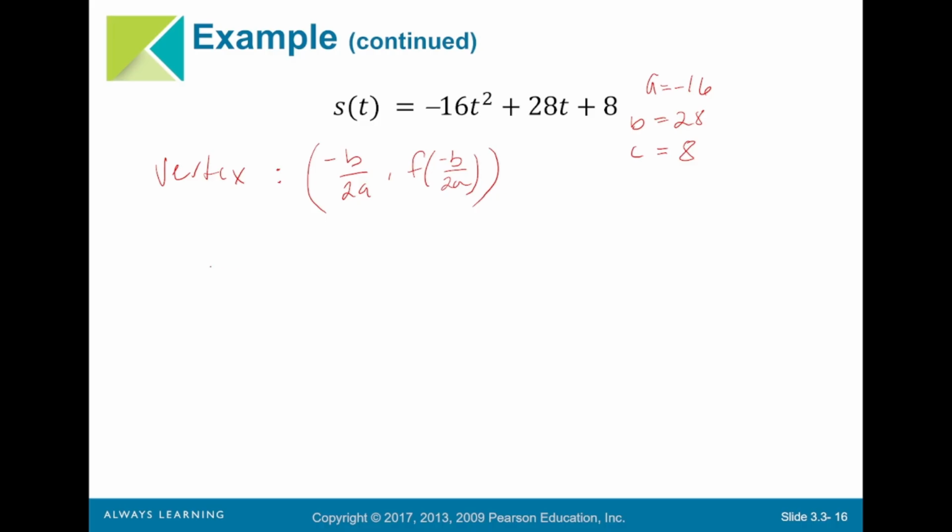So our vertex, negative b over 2a, is negative 28 over 2 times negative 16. Well, that's negative 28 over negative 32. Both are divisible by 4, so that's 7 over 8.